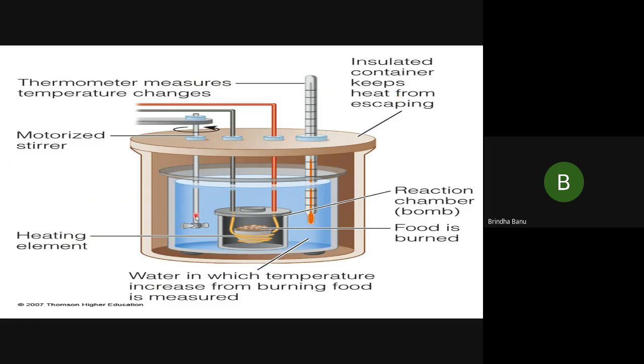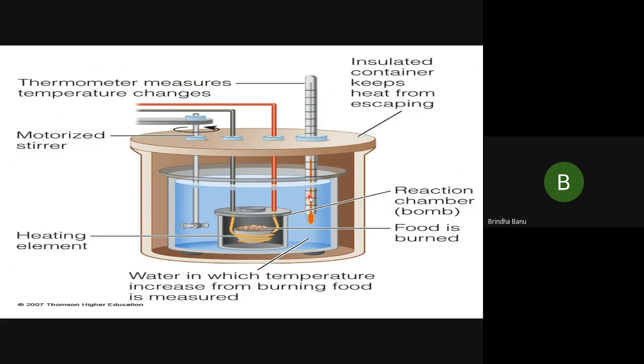This bomb calorimeter contains a bomb which is kept inside water. Within this bomb, a weighed amount of sample, usually pressed into a pellet form, is placed in a capsule inside the bomb, which is then closed except for the oxygen valve. You can see an oxygen valve here, and the oxygen is at a pressure of about 300 pounds per square inch inside this area.